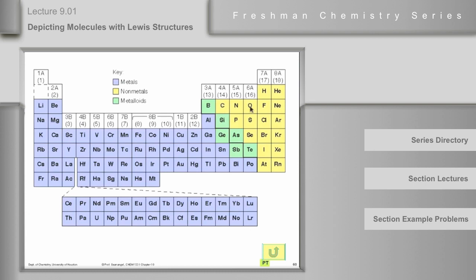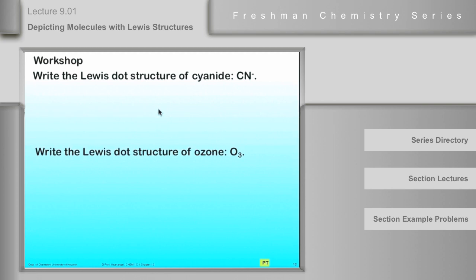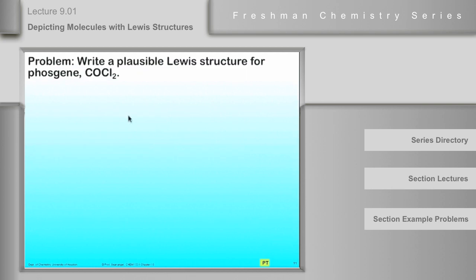Carbon is lowest, so let's put carbon in the middle. We'll put oxygen over here, and chlorine over here, and chlorine over there. That looks like a decent topology. I'm not saying this is the structure. I'm just saying carbon is likely to be the atom in the middle.